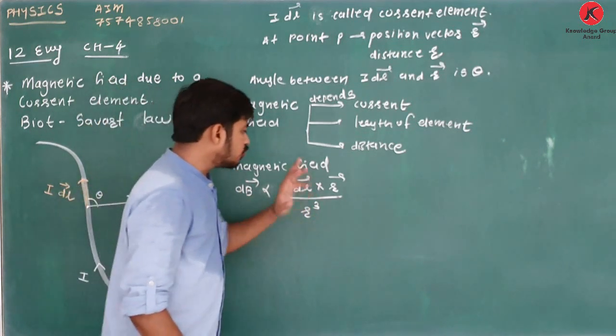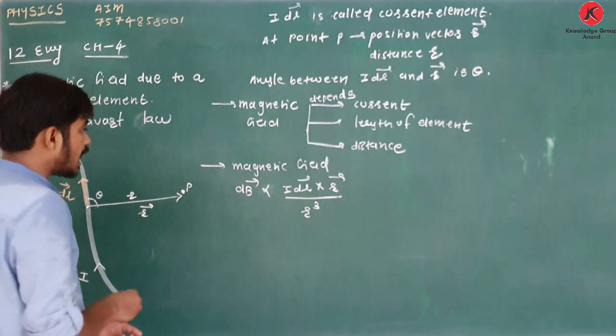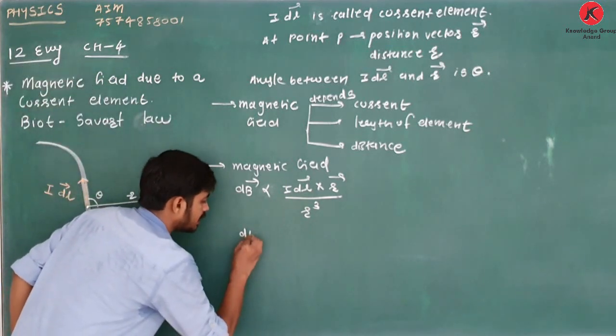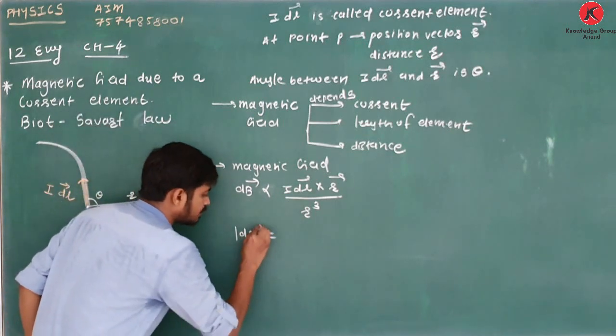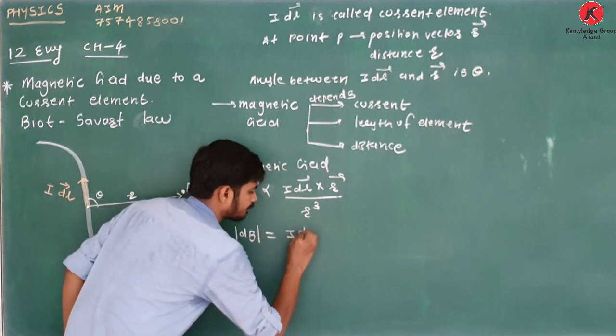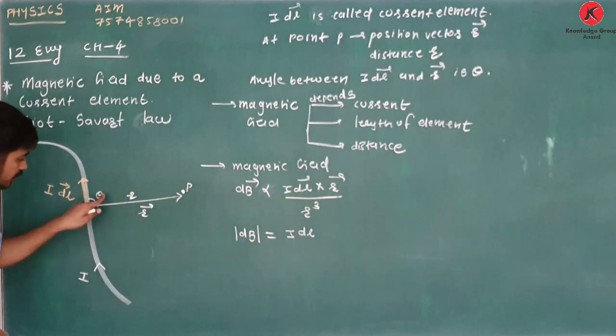Clear? Now you know the cross product. What is the cross product? A cross B is equal to AB sin theta. Then how to simplify this? How to find the magnitude of dB? It is I dl and r, and the angle between them gives sin theta.